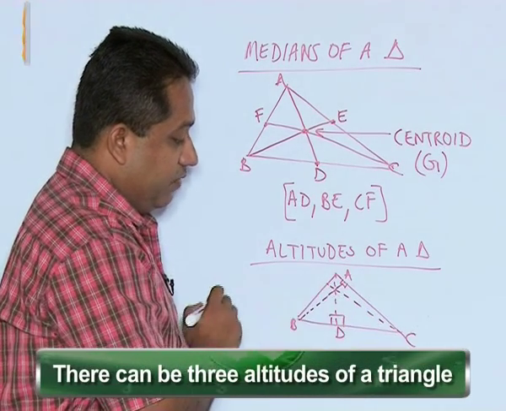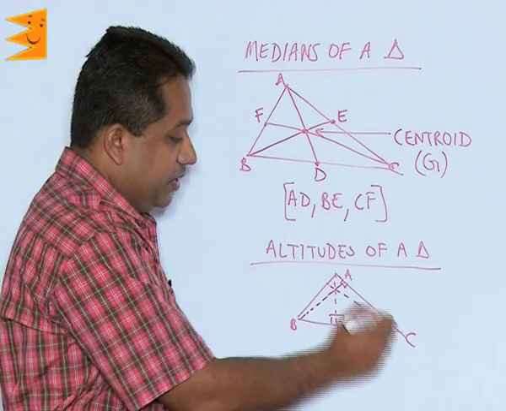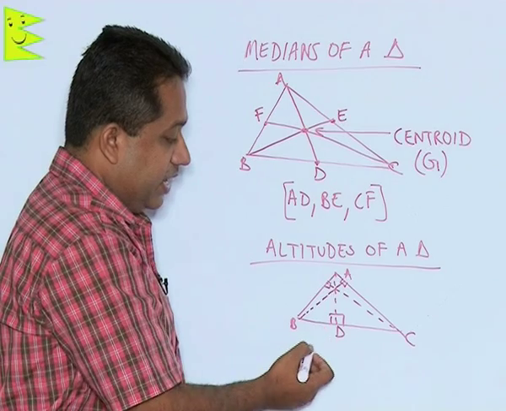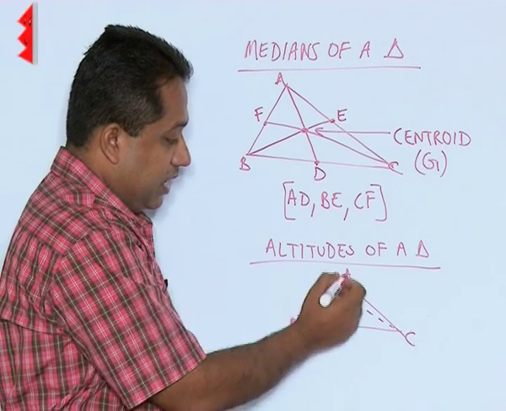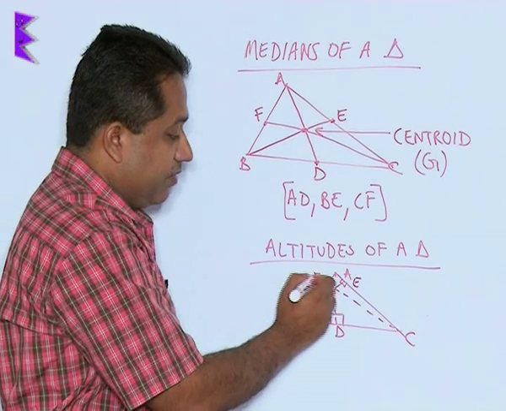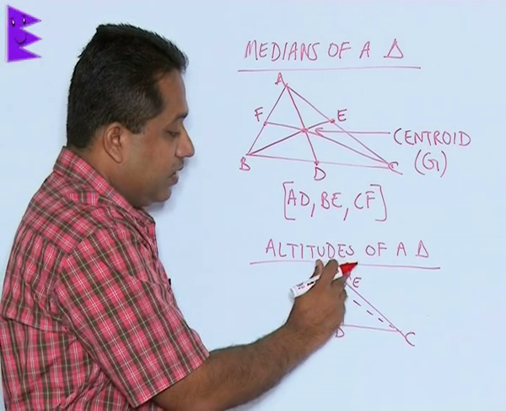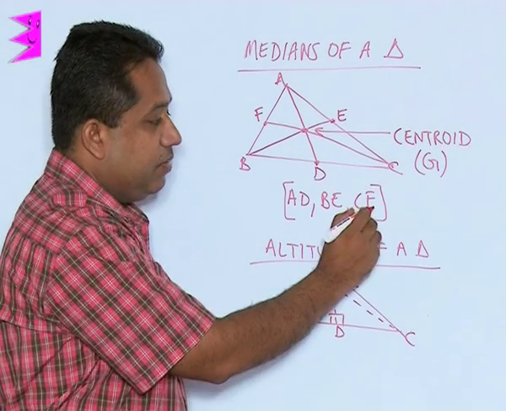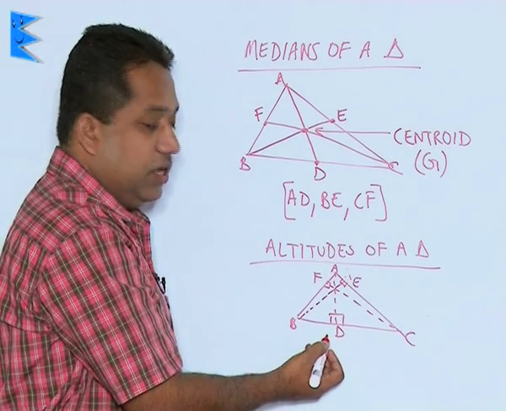So, again we will find that for this triangle ABC there are 3 altitudes and we can name them AD, BE and CF. Just as we have 3 medians, we can also have 3 altitudes.